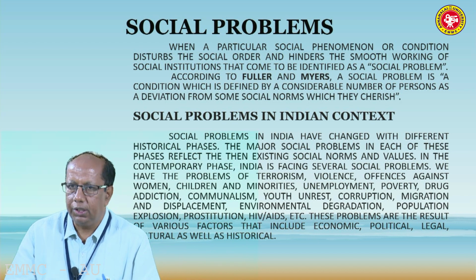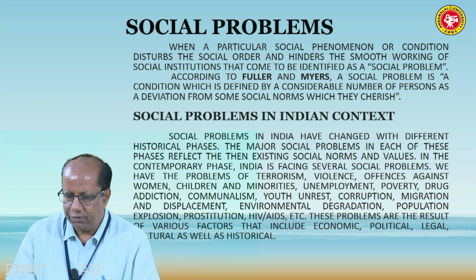Social problems in the Indian condition. Social problems in India have changed with different historical phases. The major social problems in each of these phases reflect the then existing social norms and values. In the contemporary phase, India is facing several social problems.